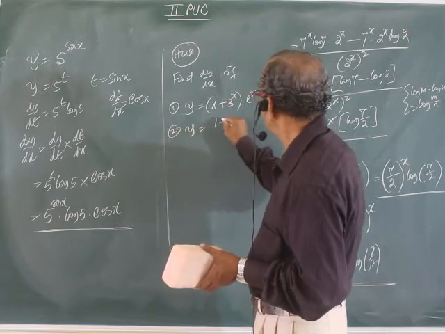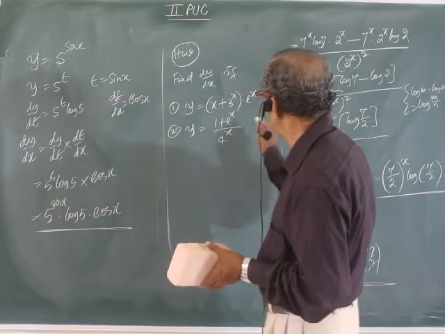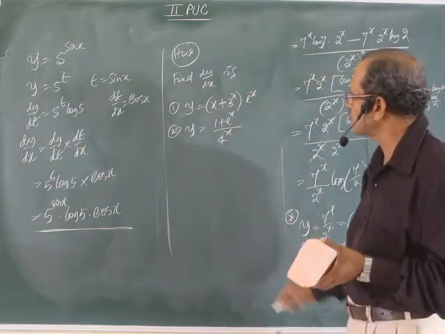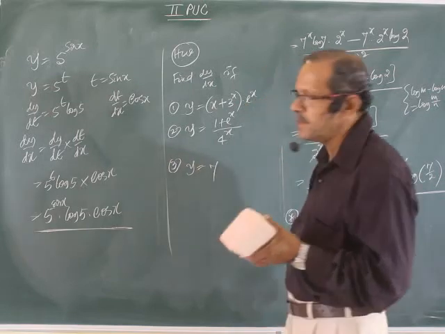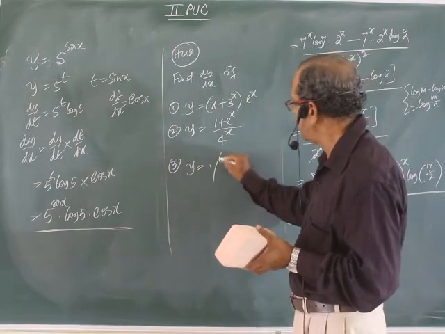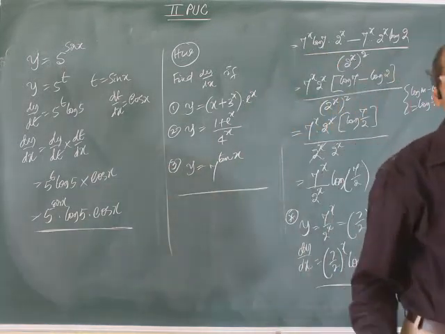Y equal to 1 plus e to the power x divided by 4 to the power x, quotient formula. Third one, y equal to 7 to the power tan x. Enough. Chain rule, right?